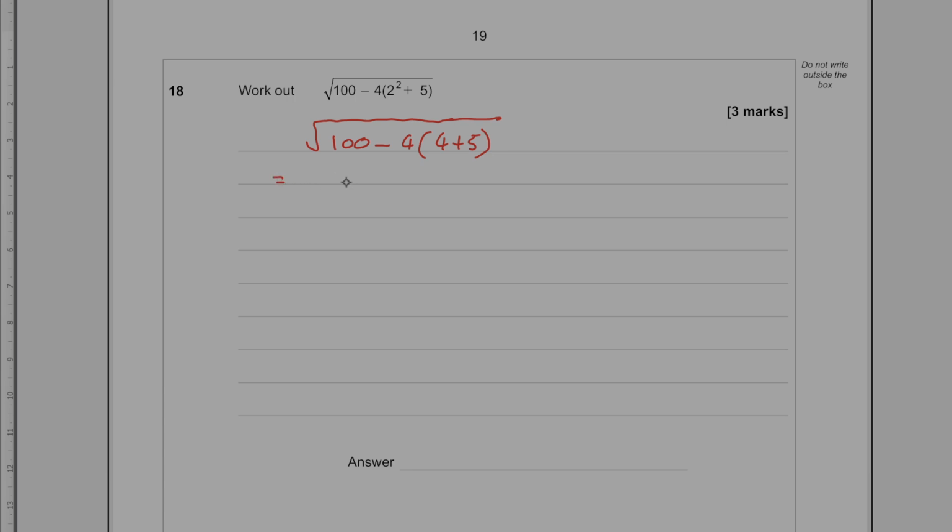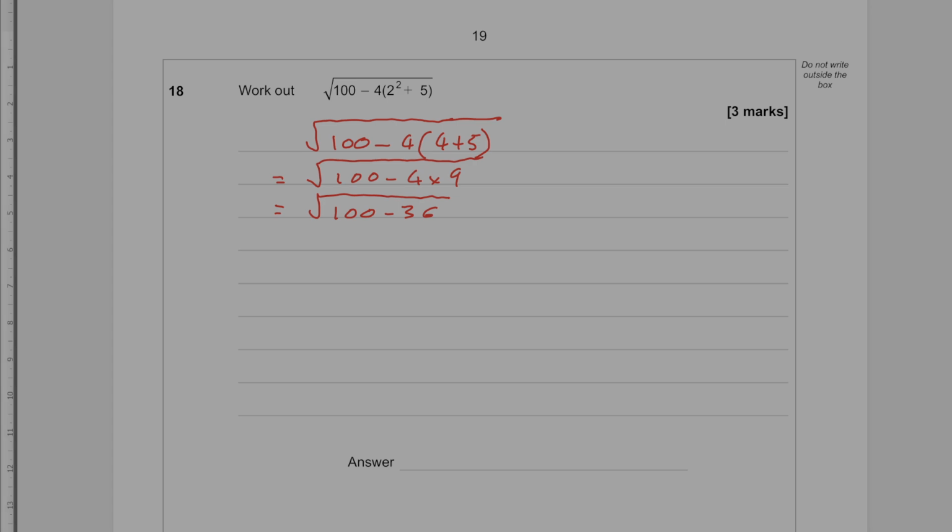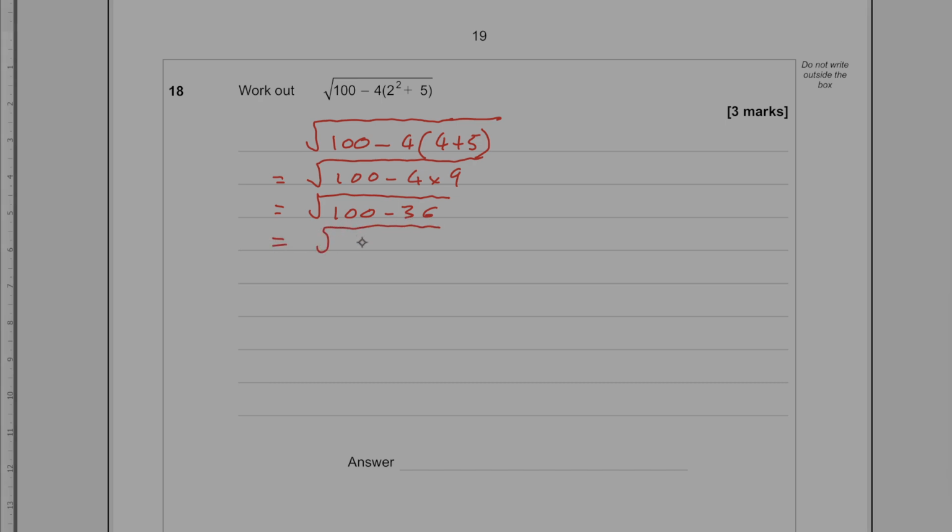So that's going to become the square root of 100 minus 4 times 9, which is 100 minus 36, which is going to become 64, and then the square root of 64 is 8. So we're going 8.